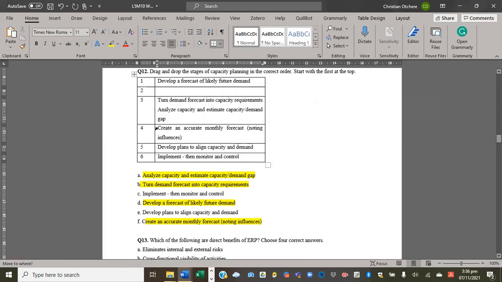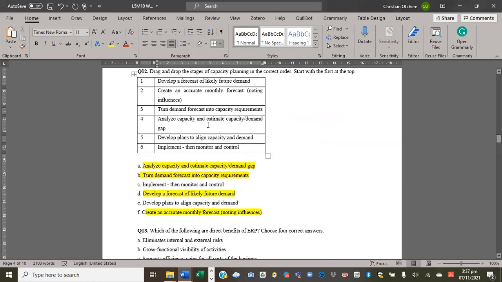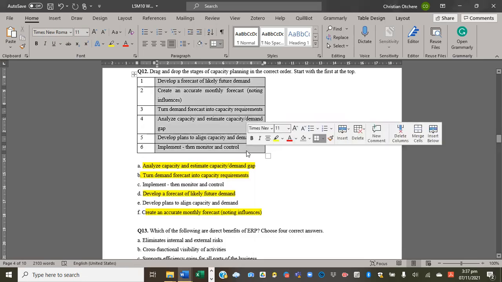We turn demand forecast, then this one goes here. Develop a forecast of likely future demand. Create an accurate monthly forecast. Turn demand forecast into capacity requirements. Then analyze capacity and estimate capacity and demand gap. Then develop plans to align capacity and demand and implement. Okay, so that's the correct order.